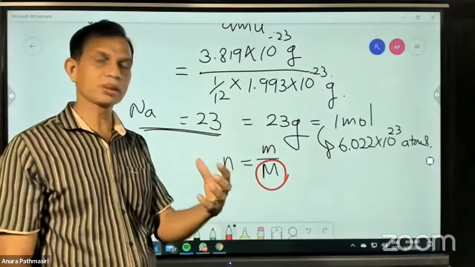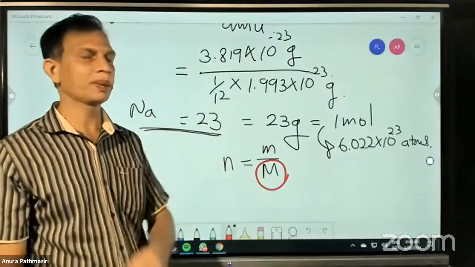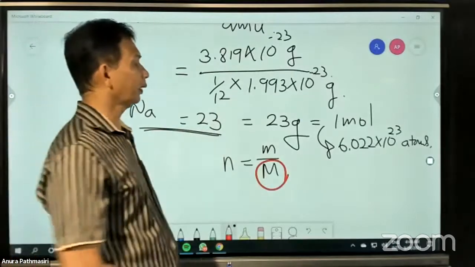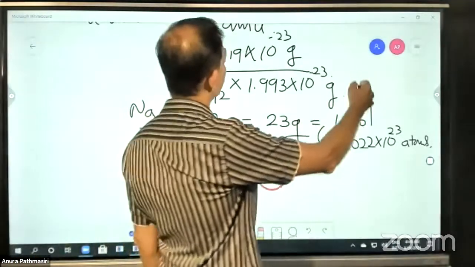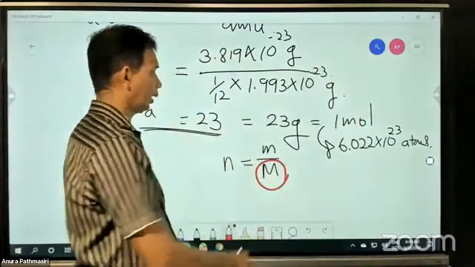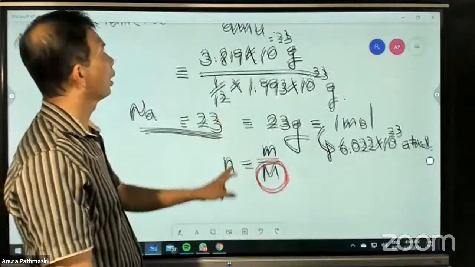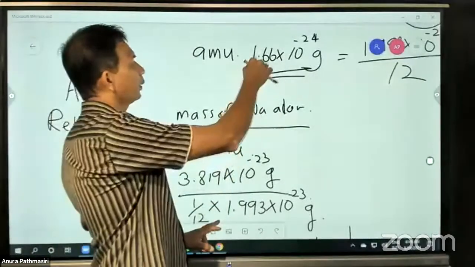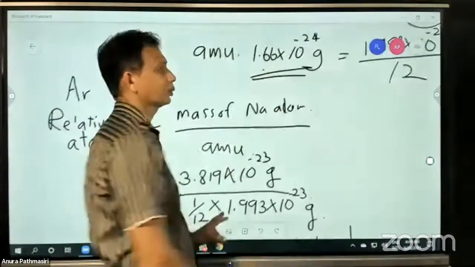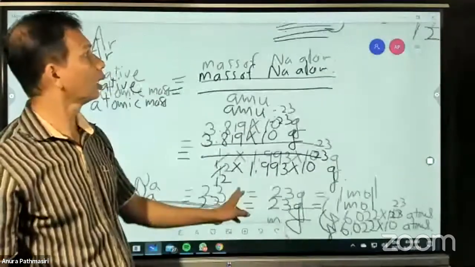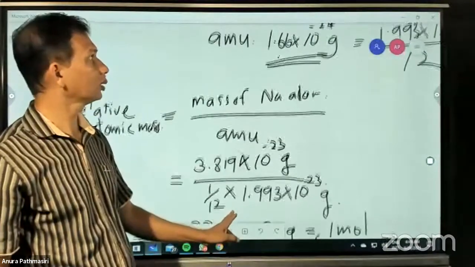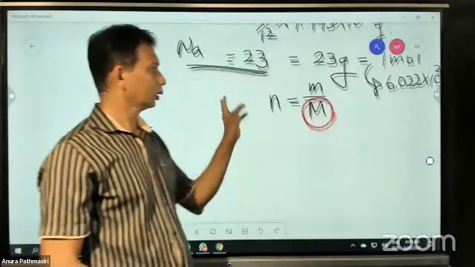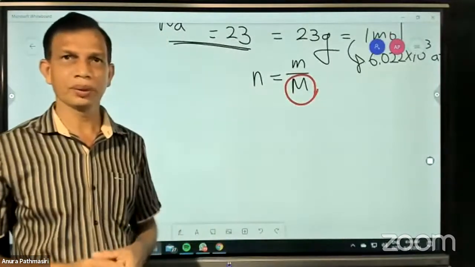Because it has 12 mass particles. And the final answer is that the atomic mass unit value is 1.66 times 10 to the power negative 23 gram.